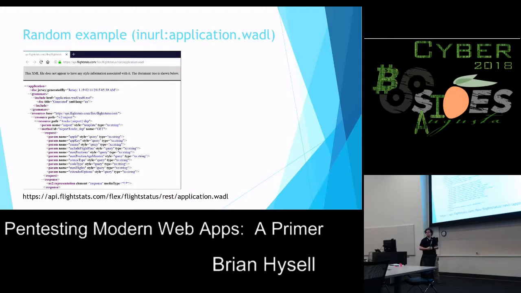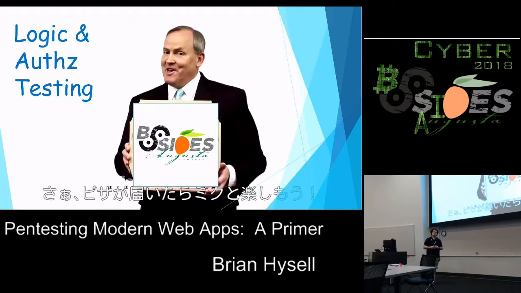And you can see here, as a random example from the internet, a .wadl file that has different resources and parameters and all that stuff. And that's going to help you find maybe even functionality that's not even used by the application as is. And so they didn't even really think much about the security behind it.